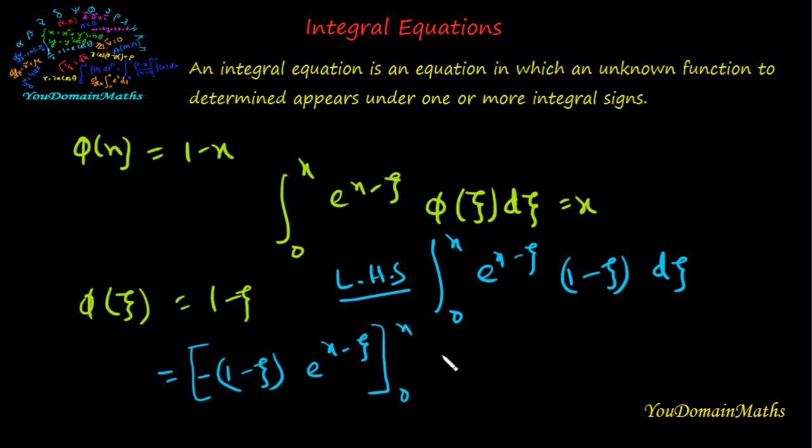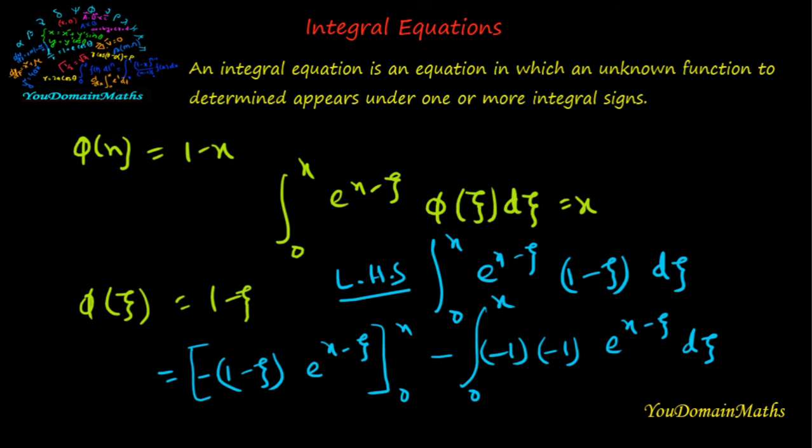Now let's go to the second term. According to the rule, this is minus. When we differentiate this term, we get another minus. When I integrate, we get another minus, e to the power (x minus xi), as well with limits 0 to x.